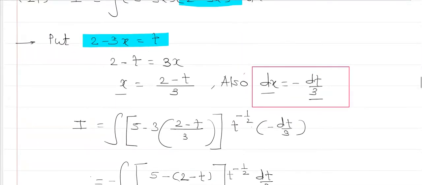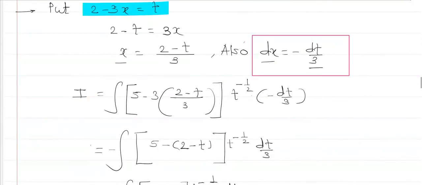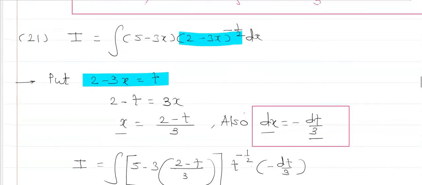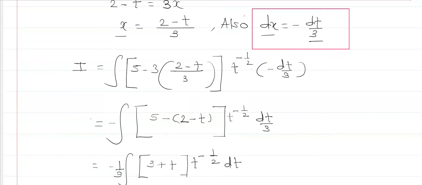See this again, here we have substituted the value of x, which is 2 minus t upon 3. Here is t raised to minus 1 upon 2, and the value of dx is minus dt. And here is a minus sign, integral in bracket 5.